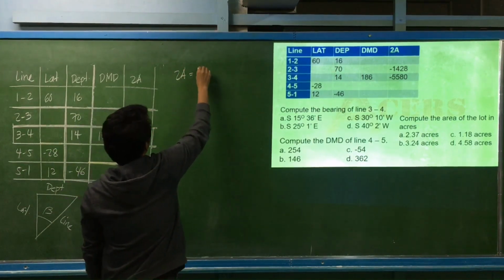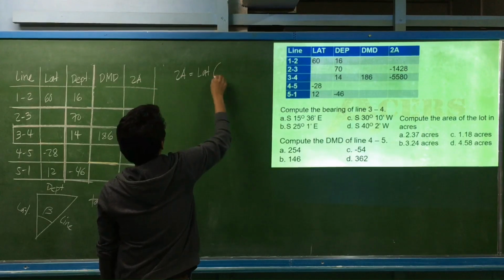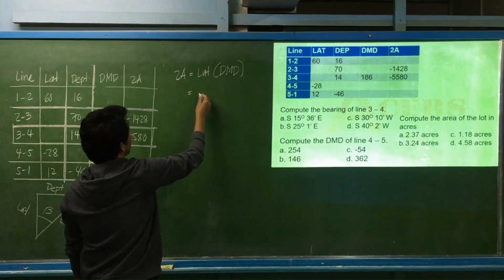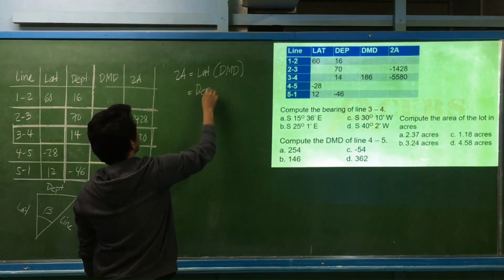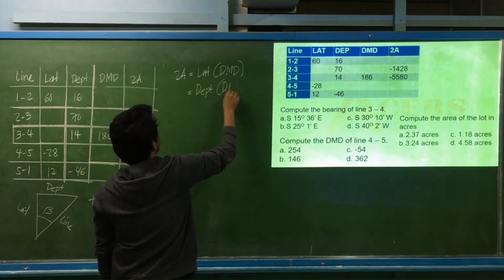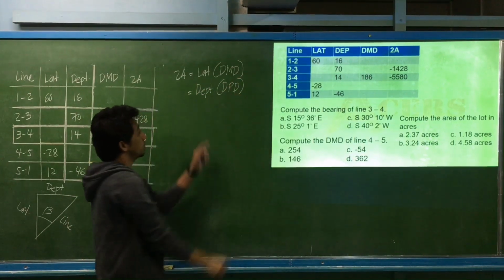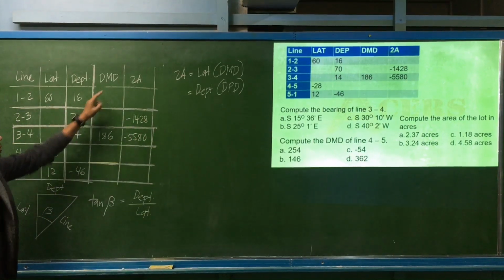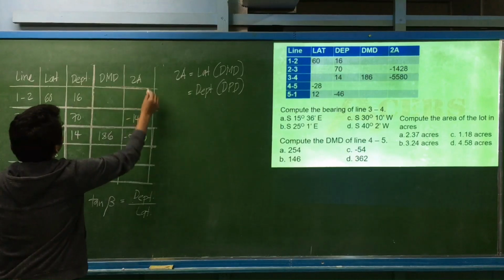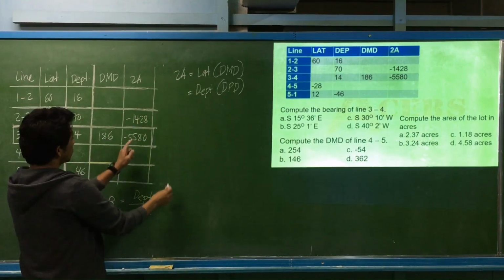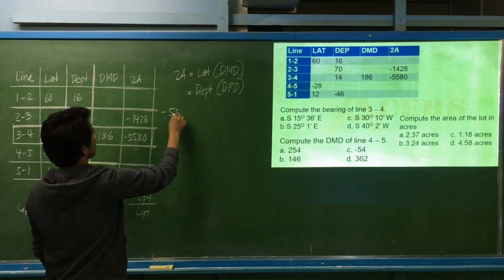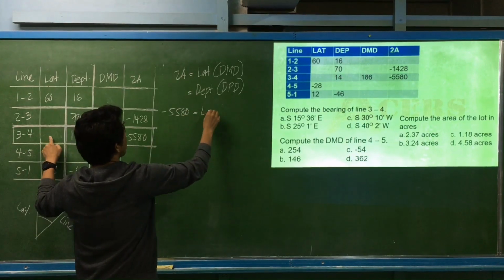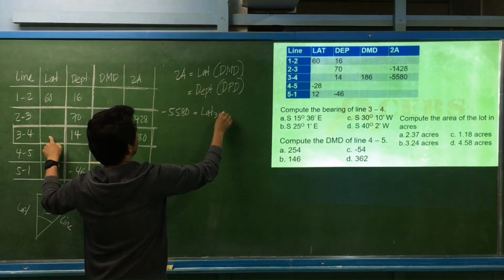Twice the area is the latitude multiplied by the DMD, which is the same as the departure multiplied by the DPD if we use DPD. But in this case, the given is the DMD. Twice the area is negative 5,580, equal to the latitude of 3-4 times the DMD.